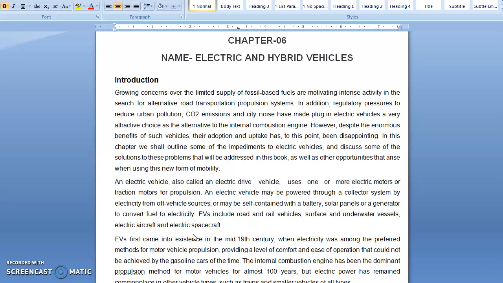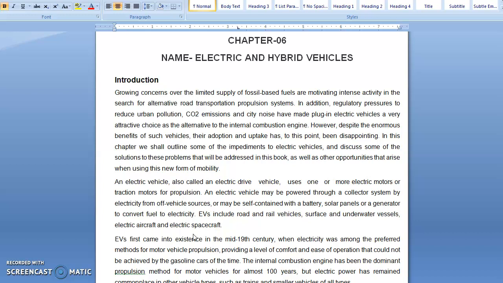Number one, these fossil fuels are not going to be available all the time. But again, due to the combustion of these fuels, various pollutants are thrown into the atmosphere. So again, it creates some problems.